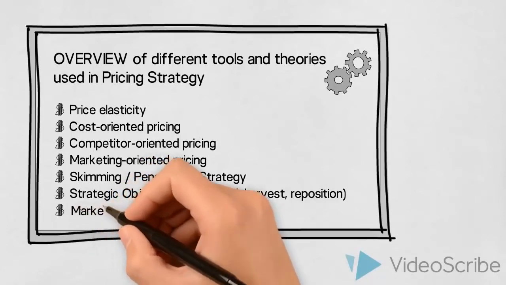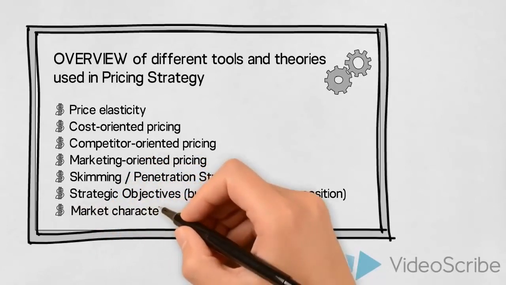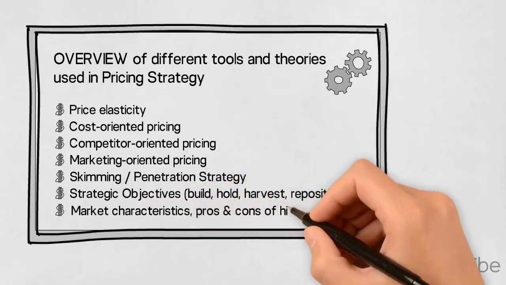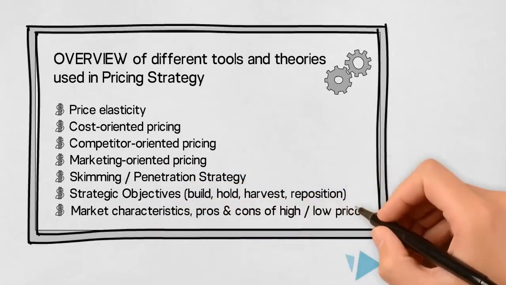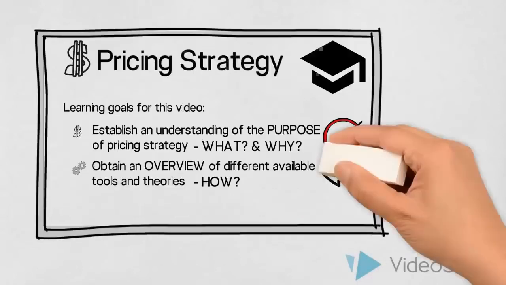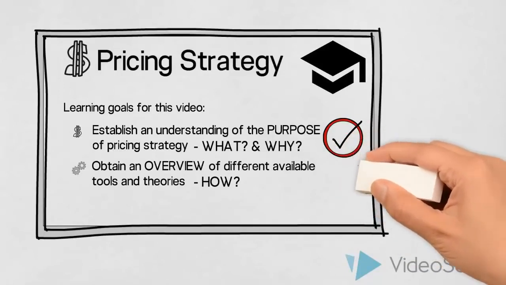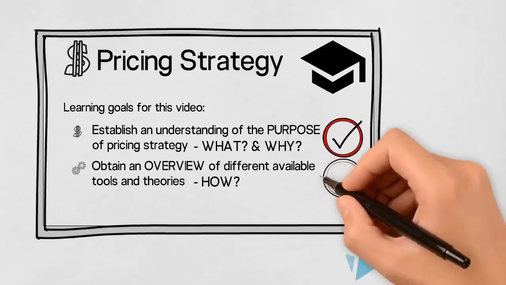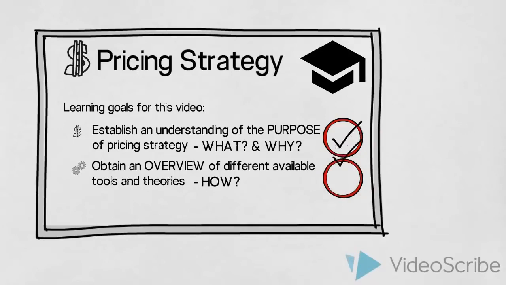Finally, we can also look at some general market characteristics, some different conditions, and pros and cons of charging a high or a low price. We have now established an understanding of the purpose of pricing strategy, and lastly, we have presented an overview of the different tools and theories available to us when determining a suitable price for our product or service.